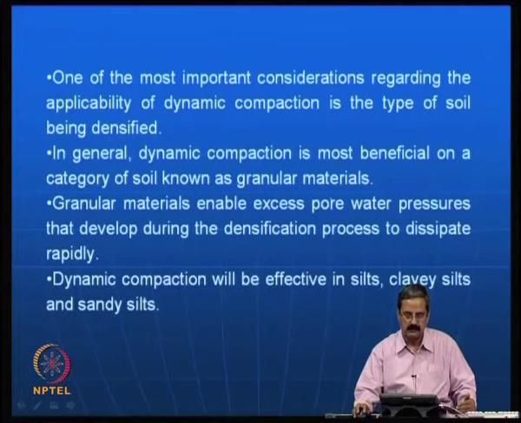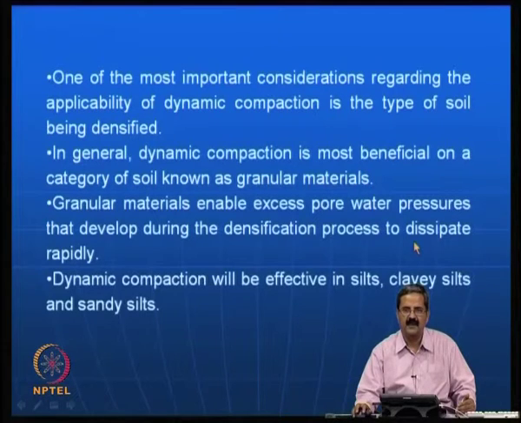Then one of the most important considerations regarding the applicability of dynamic compaction is the type of soil being densified. As I just mentioned, it is very good for granular materials, where the excess pore pressures that develop during densification dissipate rapidly.